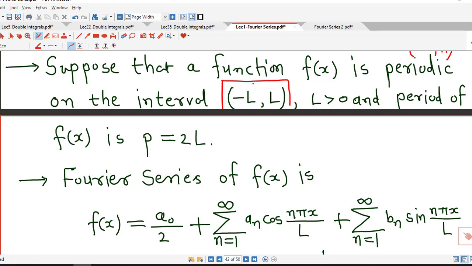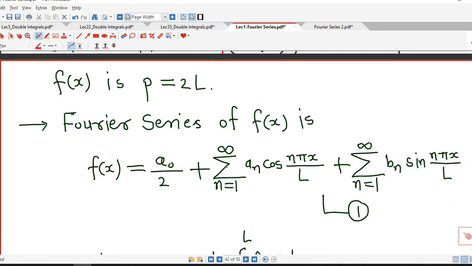Now suppose our function is defined on the interval -L to L. Then the Fourier series of f(x) is given by f(x) = a0/2 + sigma n = 1 to infinity of an cos(n pi x/L) + bn sin(n pi x/L).